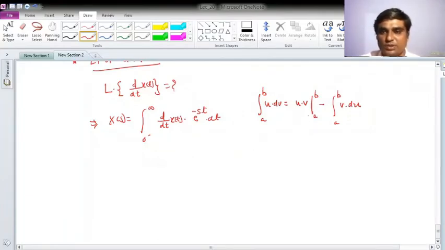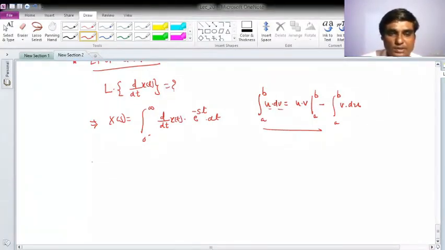So first function into the integral of the second, minus the integral of the derivative of the first into the integral of the second, that we know. So I have to find u and dv.